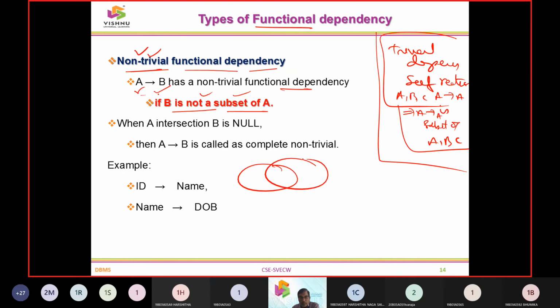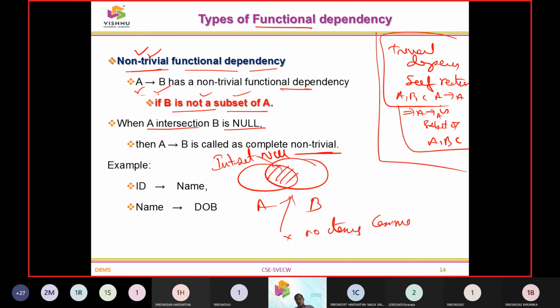When we put this in a Venn diagram, A and B, when the intersection of A and B is null, that is, when there are no elements at the intersection, then it is called a non-trivial functional dependency. That is, when there are no items common in A and B, we call it a non-trivial dependency.